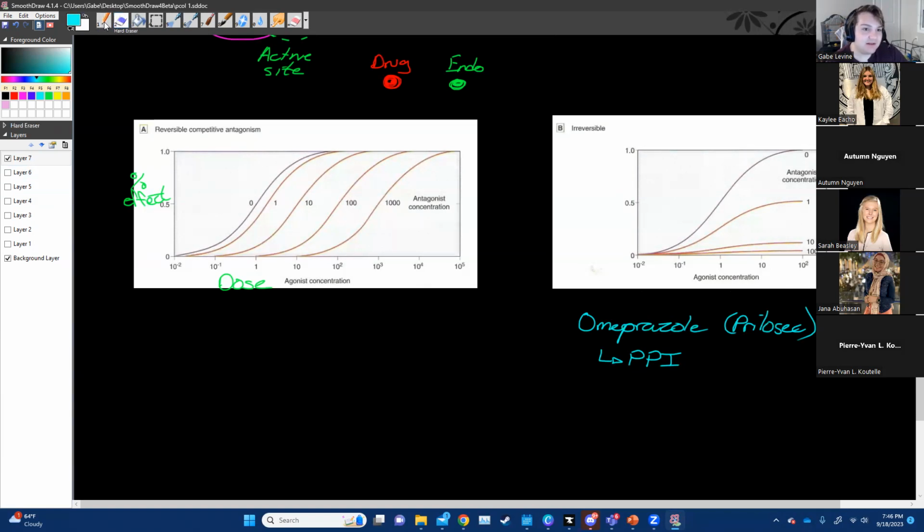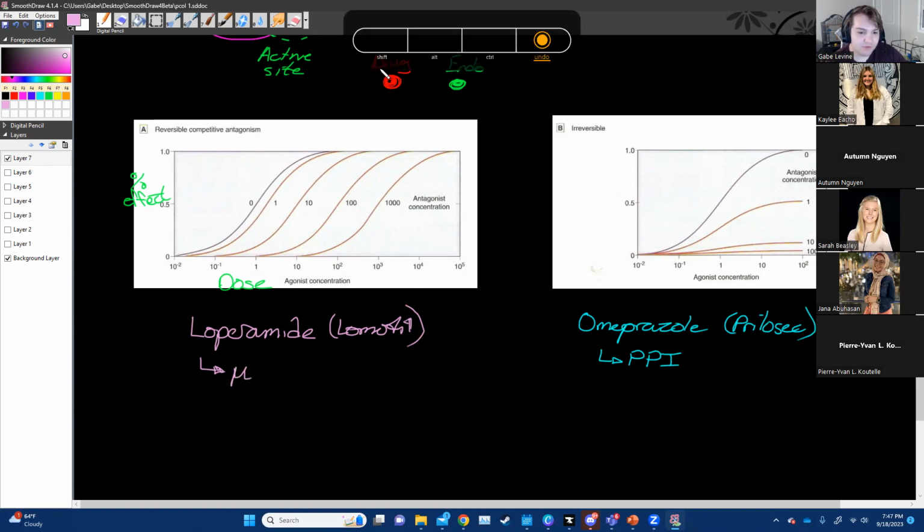Compare this with something like, I don't know why you would do loperamide, which is Lamodal, used for constipation, and it's a peripheral mu antagonist.